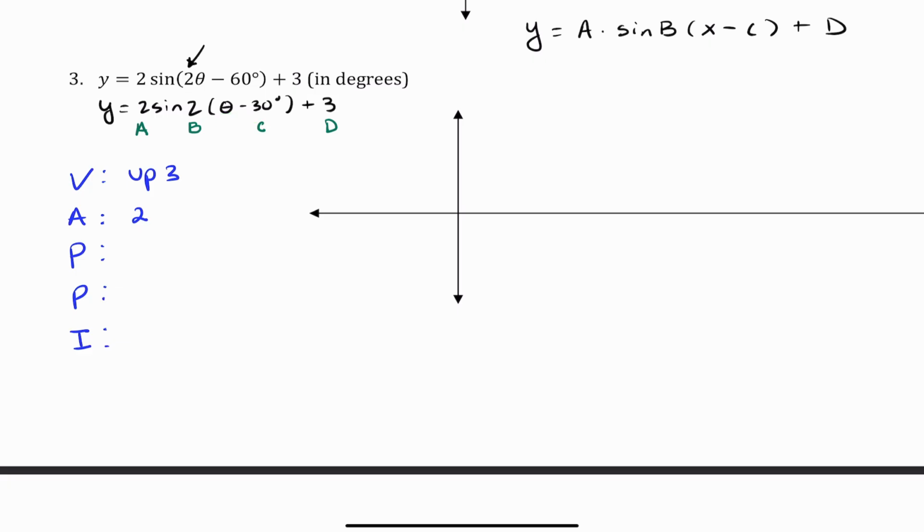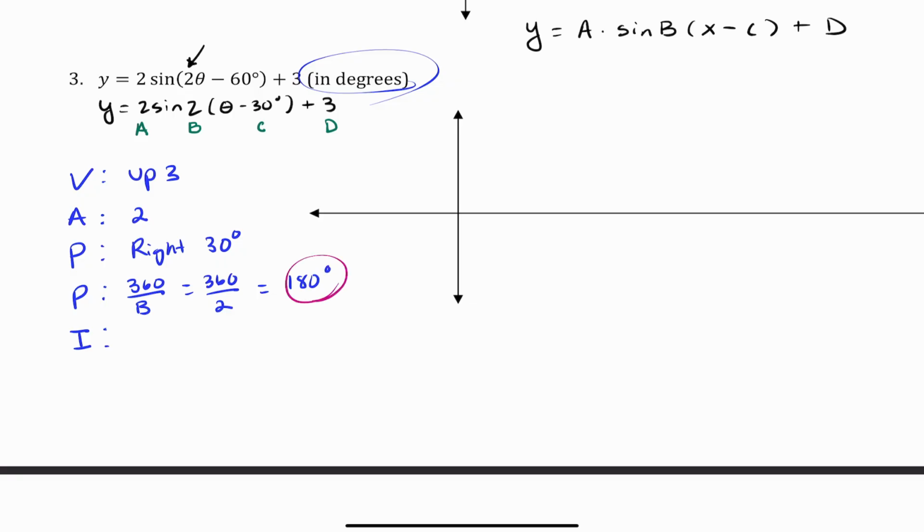So that minus 30 means it's right 30 degrees. And then our period, since it's in degrees, we have to do 360 divided by our b value. So 360 divided by 2 is 180 degrees.